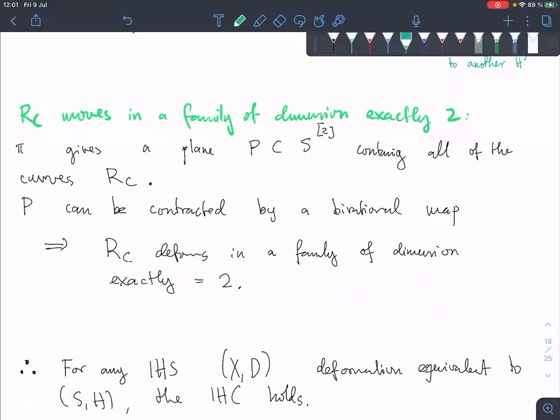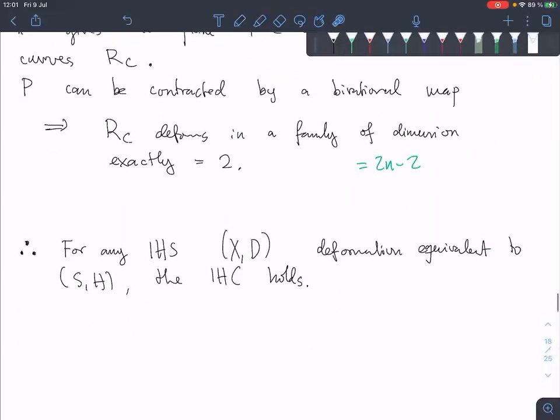Okay, so this is what we want. The conclusion is that for any irreducible symplectic variety that's deformation equivalent to this, the integral Hodge conjecture holds, because you can take that curve and deform it out.